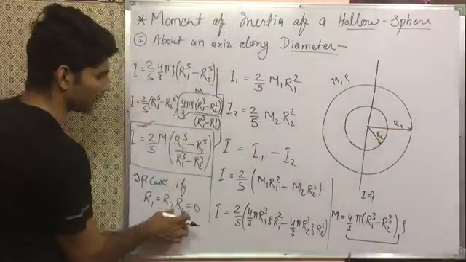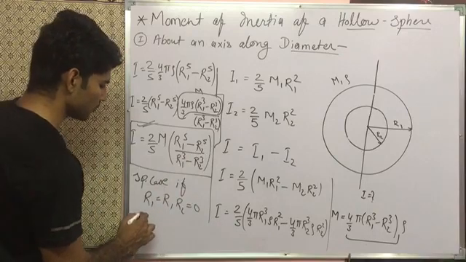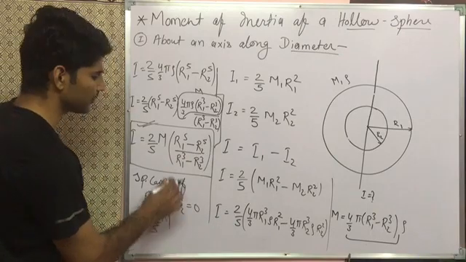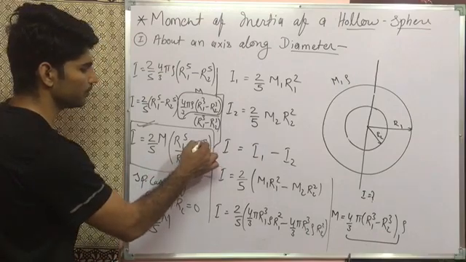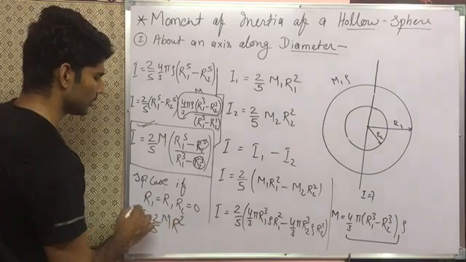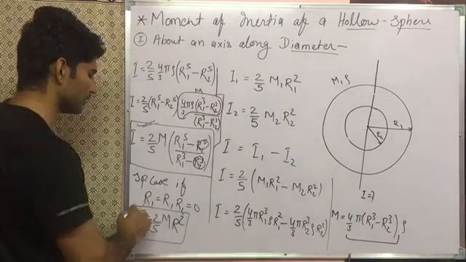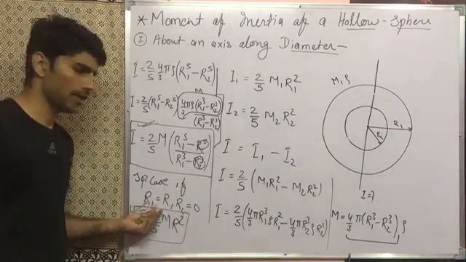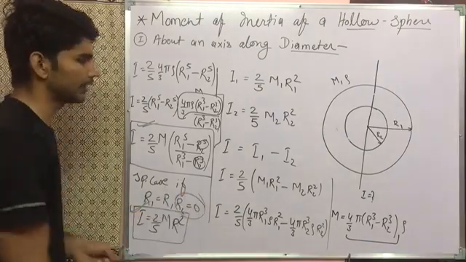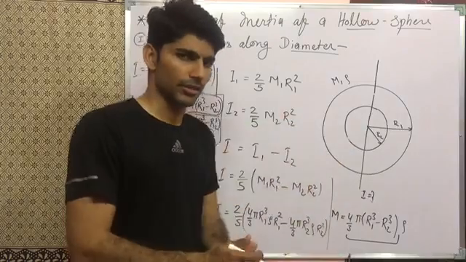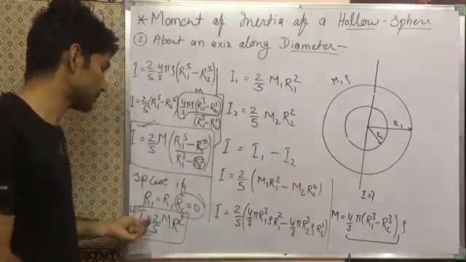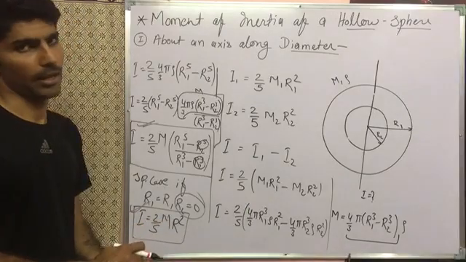So when we put the values in this formula, I will become 2 by 5 capital M, R2 becomes 0, and this becomes R square. So this is the moment of inertia for a solid sphere, where we take R1 as capital R and R2 as 0, meaning we are taking nothing out of a complete solid sphere. Then we get a solid sphere, and the moment of inertia for that is 2 by 5 MR square.